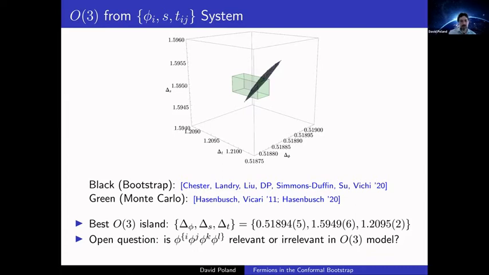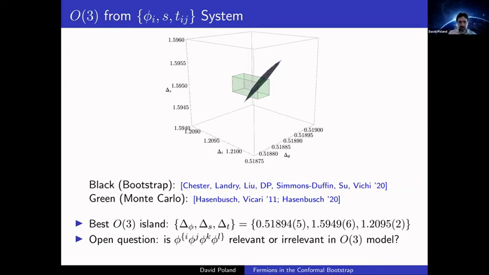This operator is quite interesting because if you perturb the O3 model by a deformation which preserves a cubic subgroup of the O3 symmetry, for example, if your O3 fixed point came from a theory which lives on a cubic lattice, and that breaks the O3 symmetry down to a discrete cubic subgroup, then that corresponds to deforming the theory by this 4-index tensor operator.